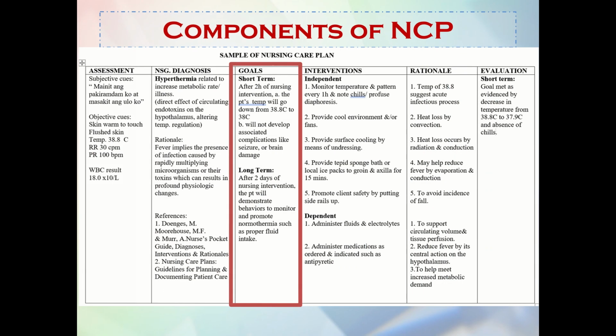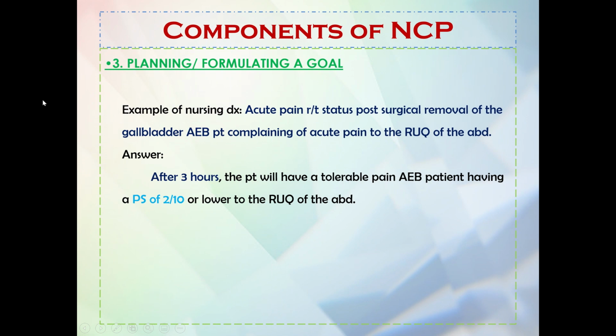So, another example natin. Yung ating nursing diagnosis kanina, yung acute pain related to status post surgical removal of the gallbladder, yung cholecystectomy natin, as evidenced by patient complaining of acute pain to the right upper quadrant of the abdomen. So, yung pwedeng plano natin sa kanya, since may pain siya, acute pain, so the patient is experiencing pain.